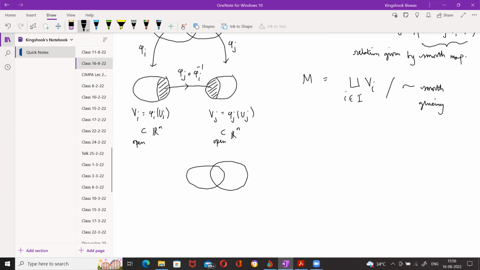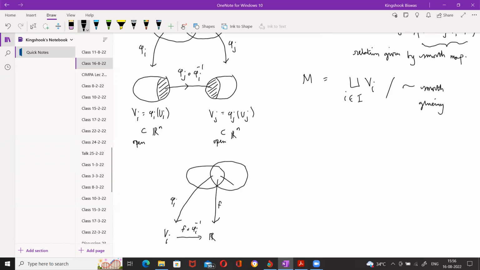Suppose I have F mapping to R. Then I have phi i, which maps to some Vi, and this is F composed phi i inverse.